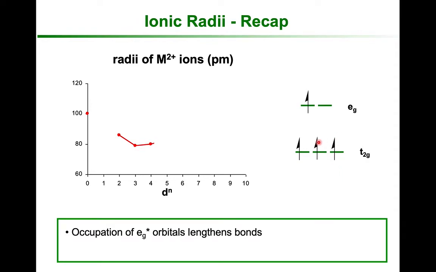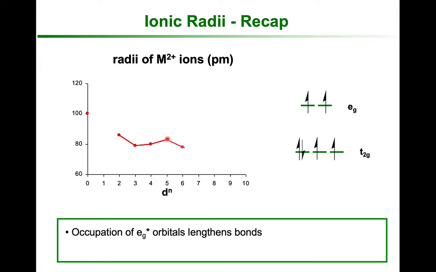Now, if we go to d4 high spin, we've put the 4th electron into the eg set. And so the bond has actually gotten a little bit longer. So we got shorter and shorter, and now when we've occupied eg, it got just a little bit longer. When we put a 2nd electron in the eg set, it gets even longer.